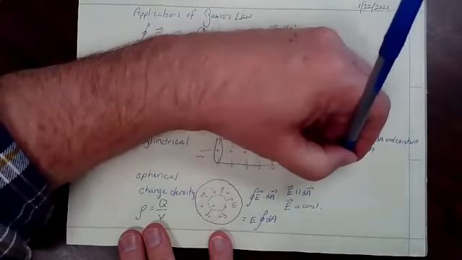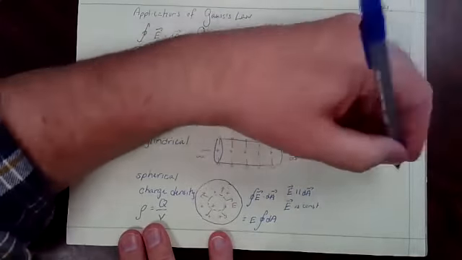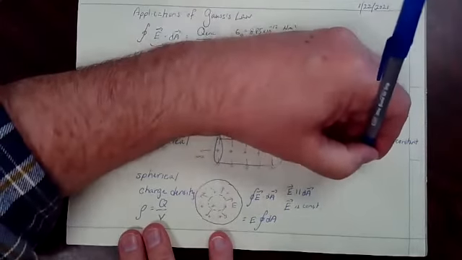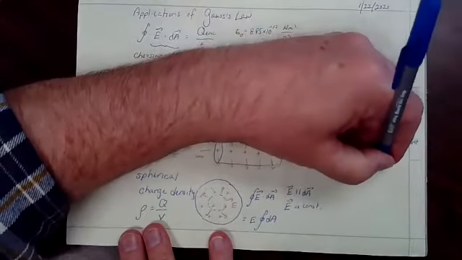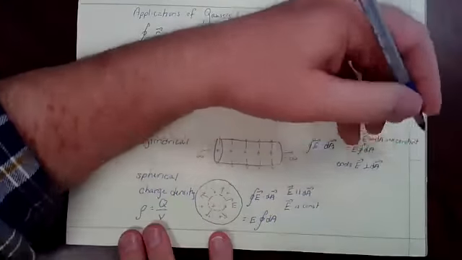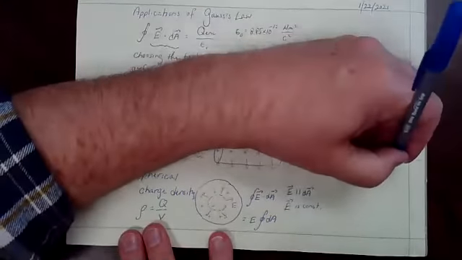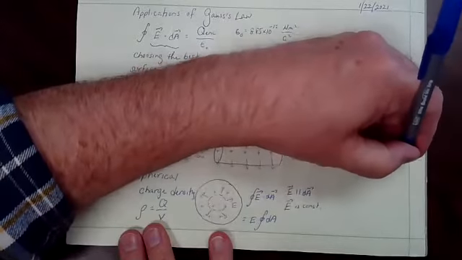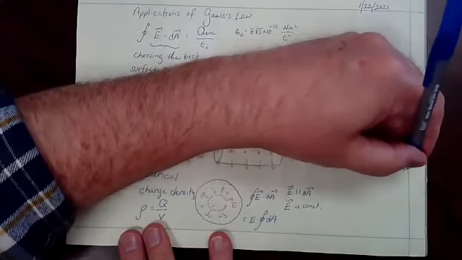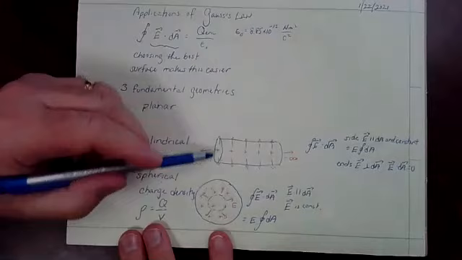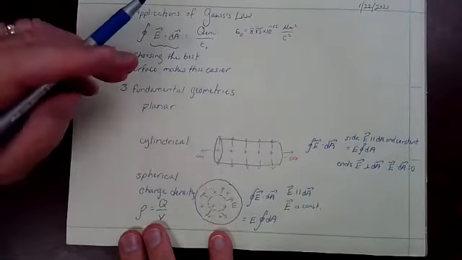But on the ends, like a paper towel roll when it's all used up, the electric field is perpendicular to dA, so E dot dA is 0. So that makes the cylinder a good choice for an infinite line of charge.